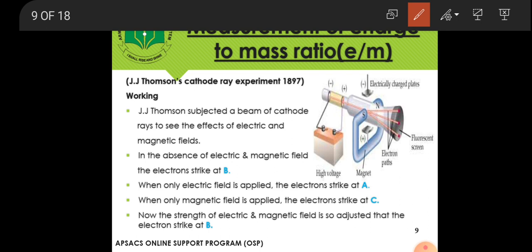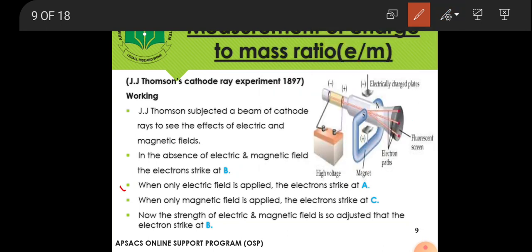In the beginning, the magnetic field and electric field are not applied, meaning both fields are absent. We can see that the cathode rays strike at point B. No deflection is seen when the magnetic field and the electric field are off.